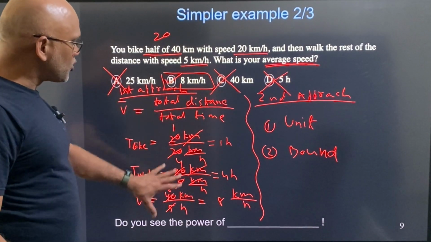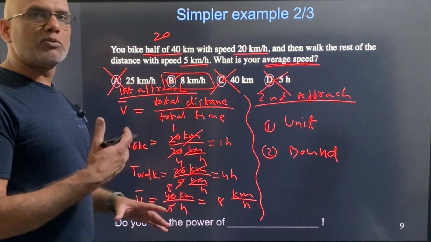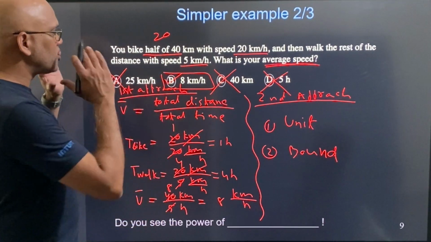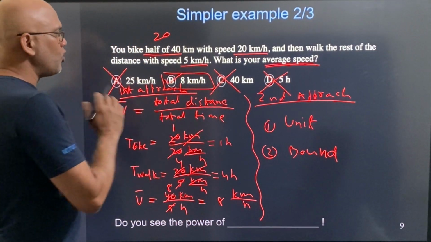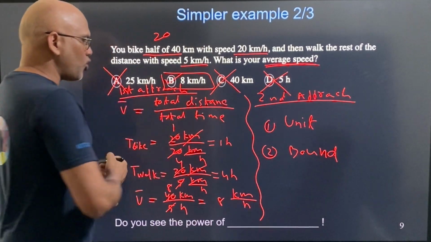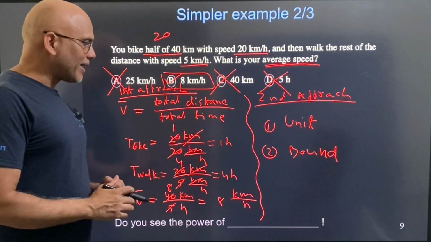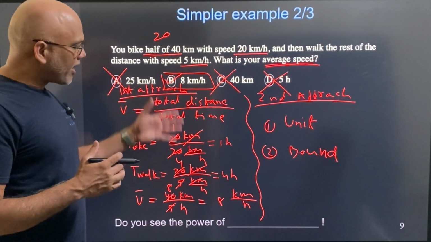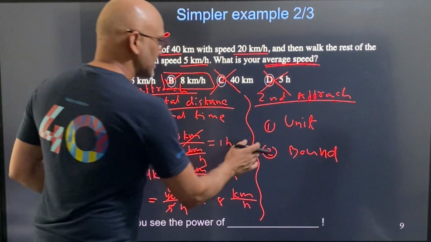In the first approach, we had to do some computations. It took us some time, but in the second approach, just by looking at the different choices given to us, we can know that this will be the correct choice, right? So you can see the power of this second approach, right? What would take us a minute or so will take here just a few seconds.